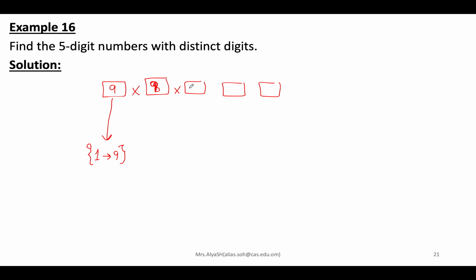Then we got 8, 7, and 6. So totally how many numbers with distinct digits do we get? We got 27,216 numbers.